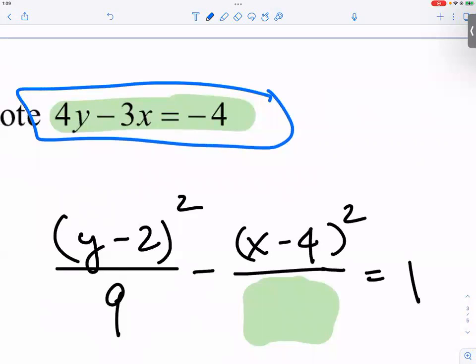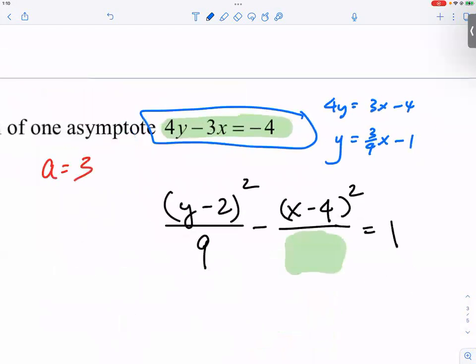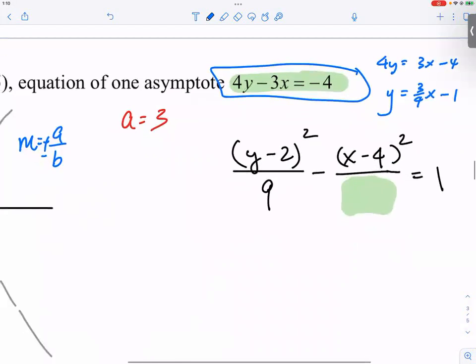The SAT likes to give you the standard form, and you have to process it so that you get the slope-intercept form. So you move the 3x to the other side, and you do this mentally. Then you divide by 4 on both sides, so you get 3 over 4 x minus 1. So the slope is 3 over 4 for the asymptote.